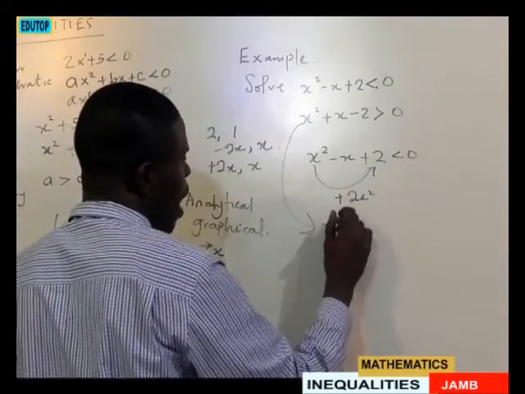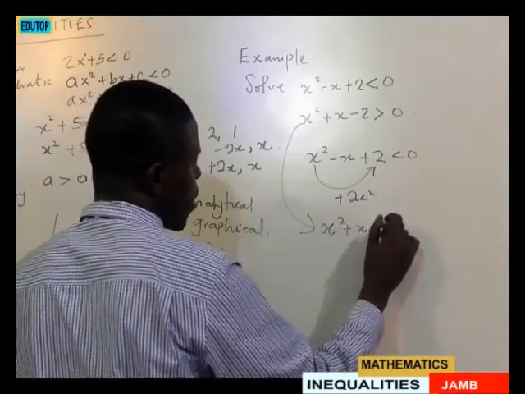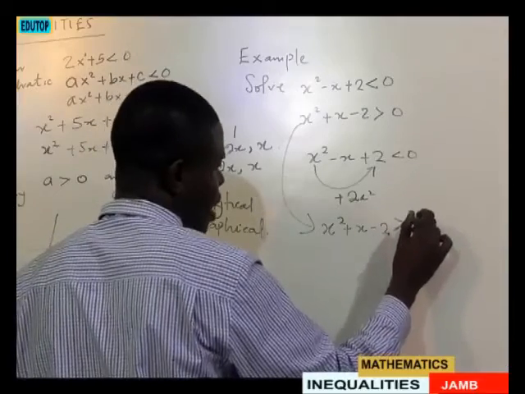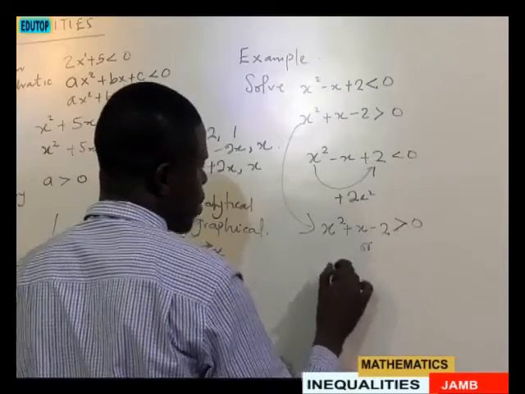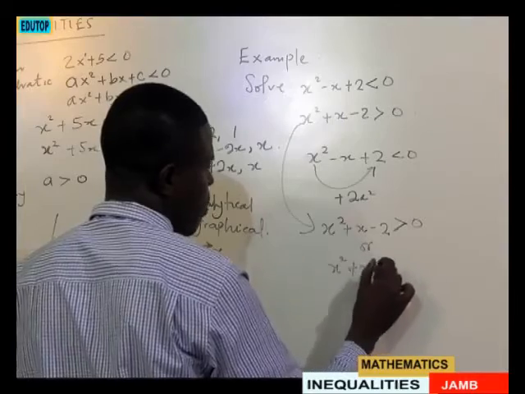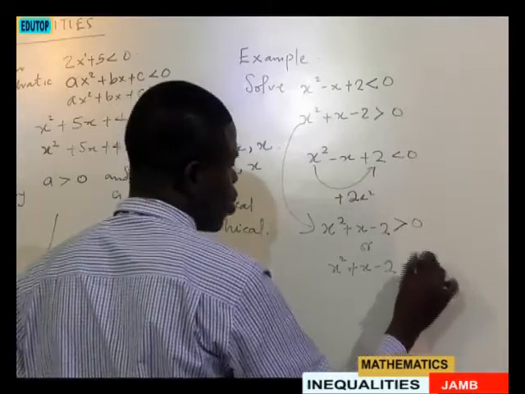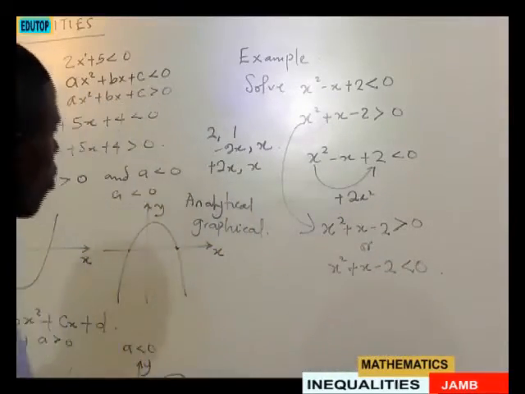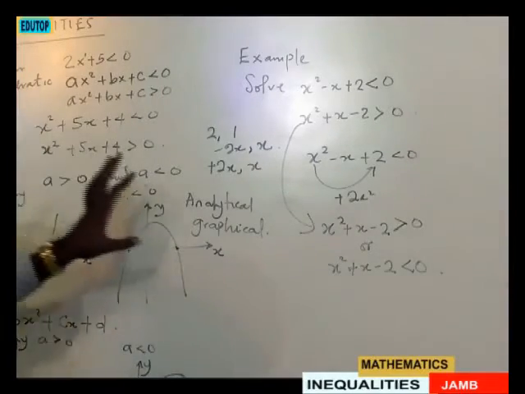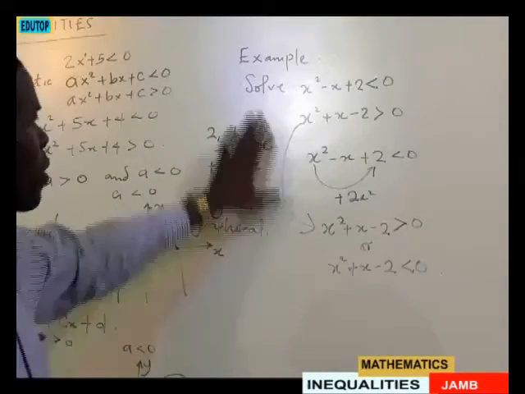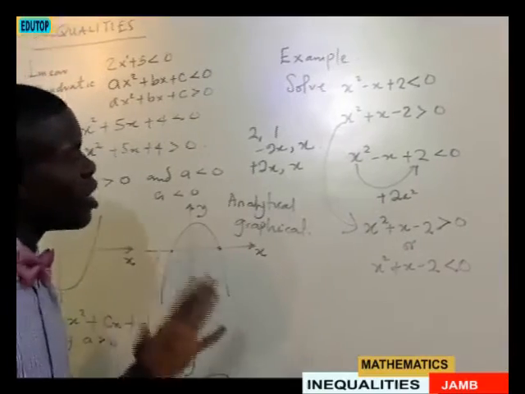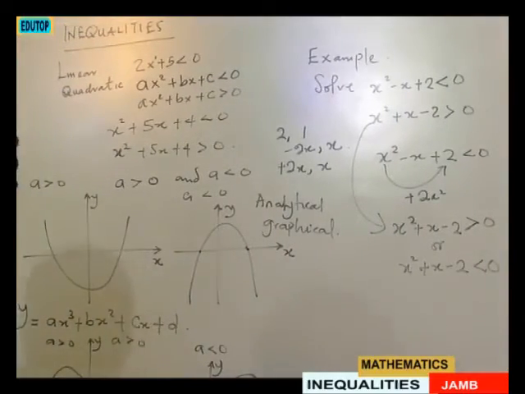The case where we have x squared plus x minus 2 greater than 0, or x squared plus x minus 2 less than 0. I want to show you how graphical method can be used to solve questions like this in the shortest possible time in the exam.